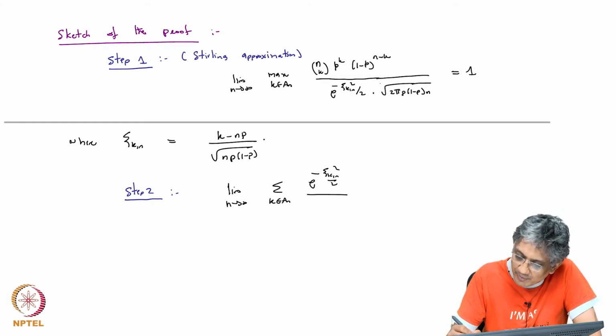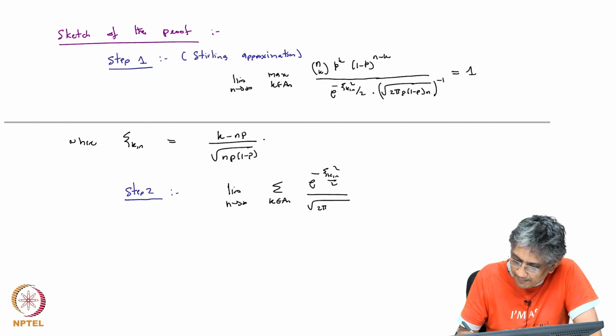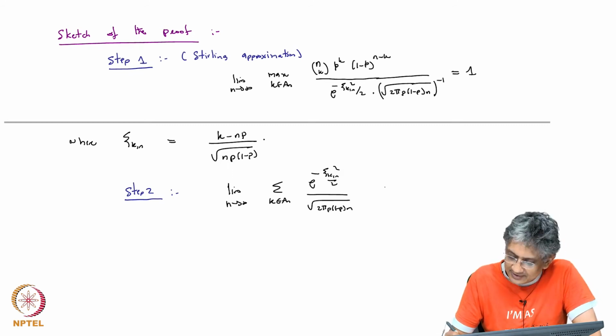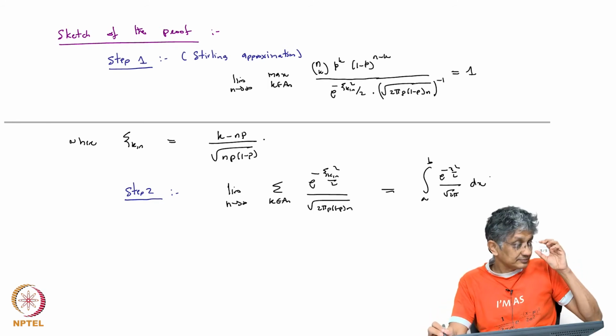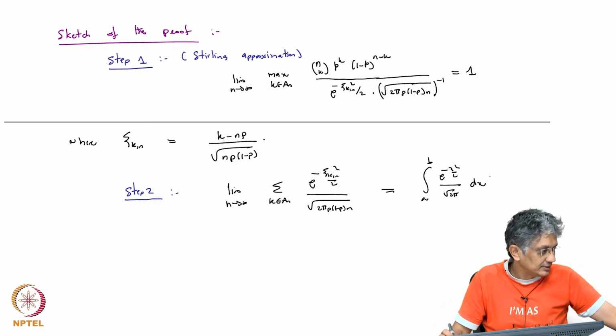So here I should put the minus 1. So this divided by root 2 pi p times (1 minus p) times n converges to what we want, the integral from a to b of e to the minus x squared by 2 over root 2 pi dx. So this is the second thing.